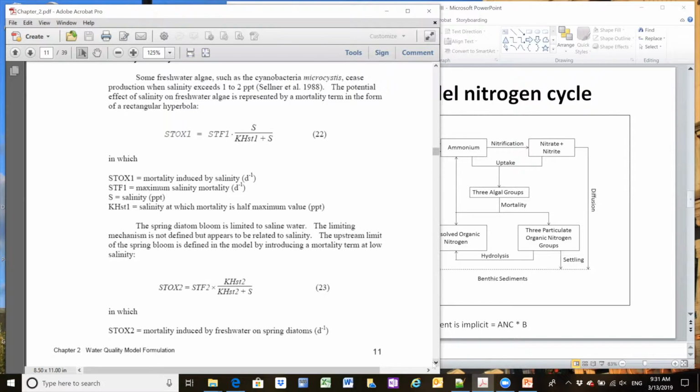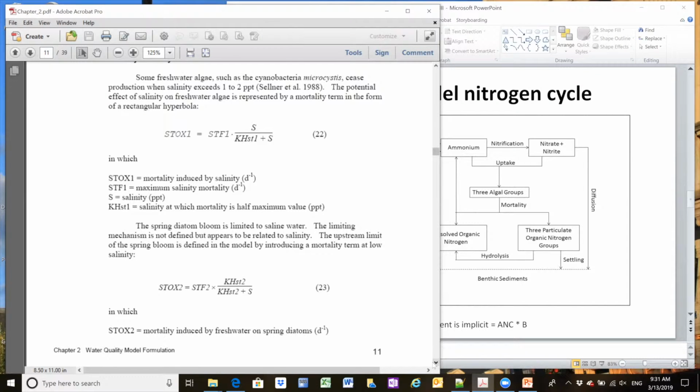There are algal species that like fresh water but not salt water, and there are algal species that like salt water but not fresh water. Recall that in this model, we allow for 3 algal groups or algal species. In Chesapeake Bay, we call those 3 groups freshwater, spring bloom, and everything else.